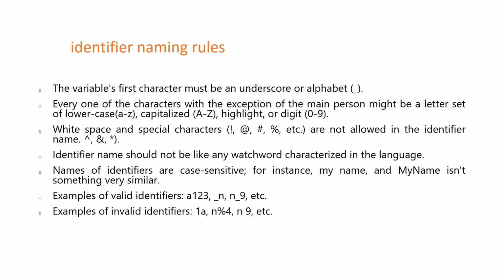Whitespace and special characters are not allowed in the identifier. An identifier name should not be any keyword defined in the language. Names of identifiers are case sensitive. For instance, my name and my name with capital letters are not the same.